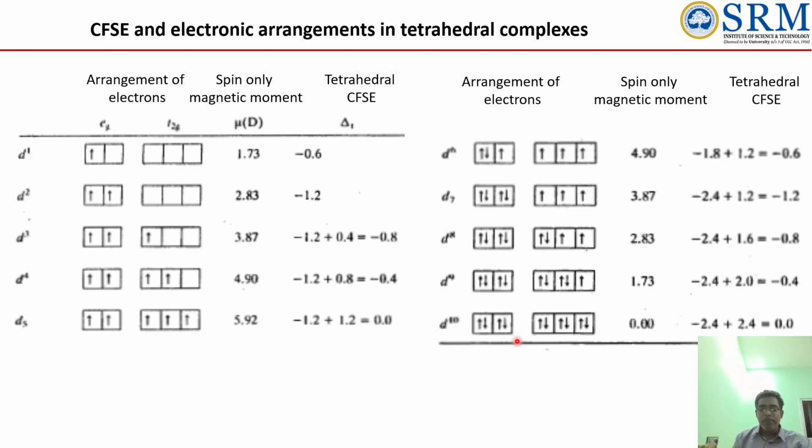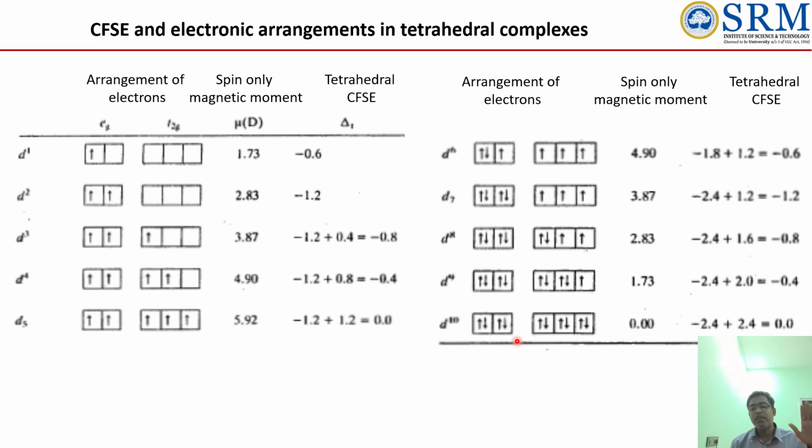So to get the spin only magnetic moment, you should always consider the number of unpaired electrons. The formula for calculating spin only magnetic moment is root of n(n+2), where n stands for the number of unpaired electrons present in the given d system.